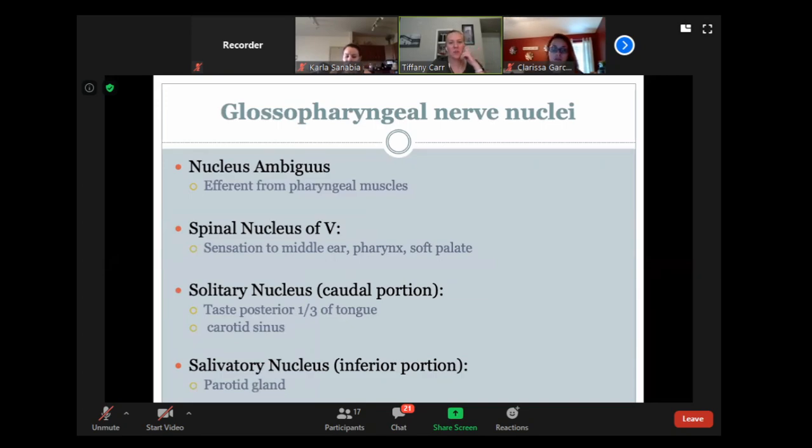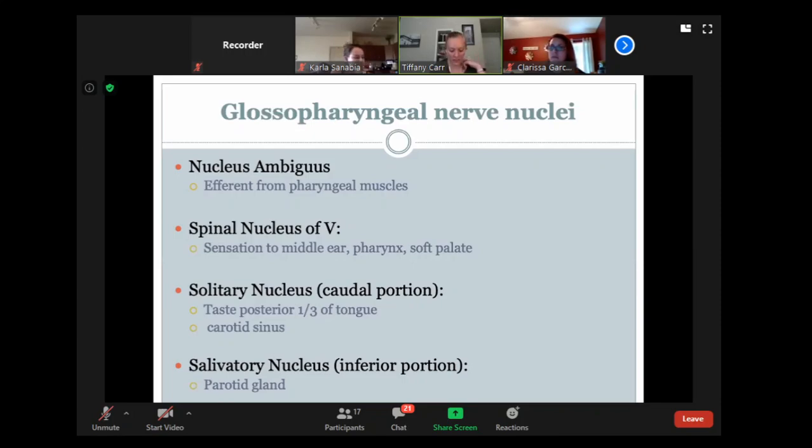Okay, so the nuclei. So we have the nucleus ambiguus. It's going to do efferent from the pharyngeal muscles, the spinal nucleus of 5, sensation to the middle ear, pharynx, and soft palate. The solitary nucleus. So remember, your solitary has to do with your taste on the tongue. We saw that in cranial nerve 7 as well.